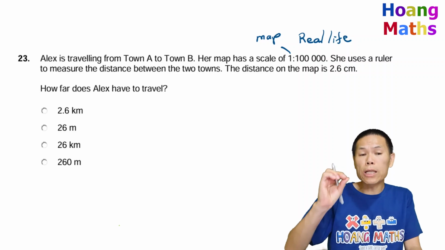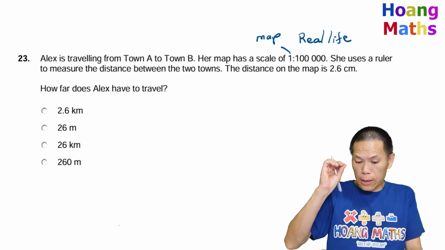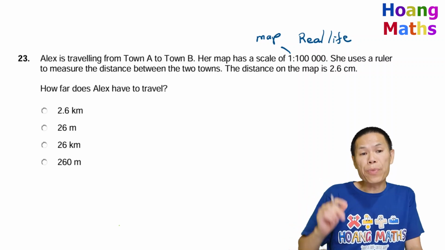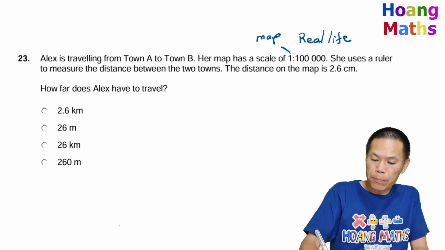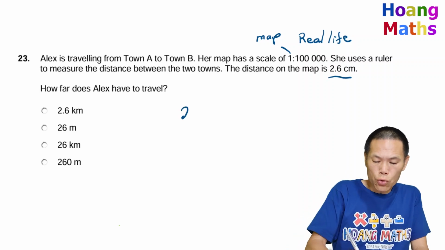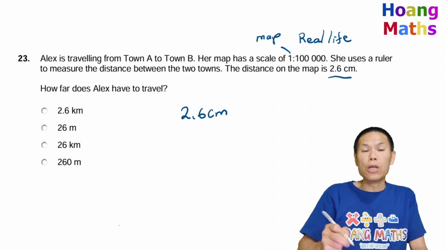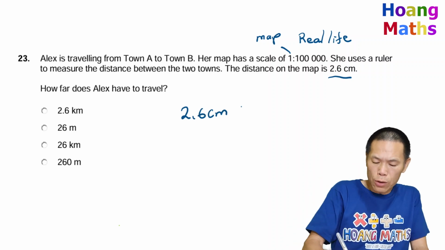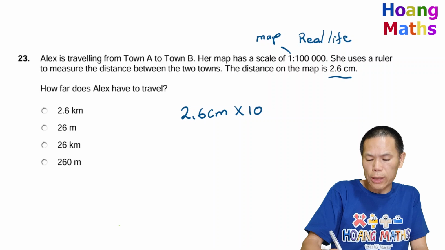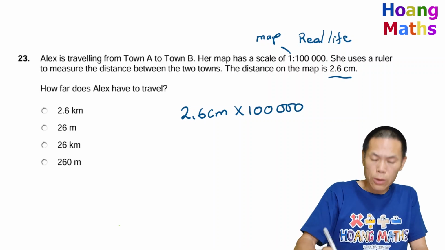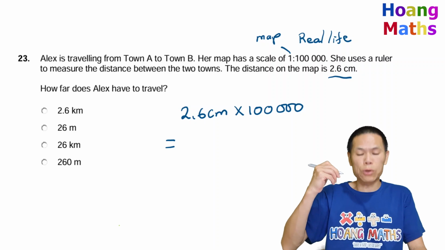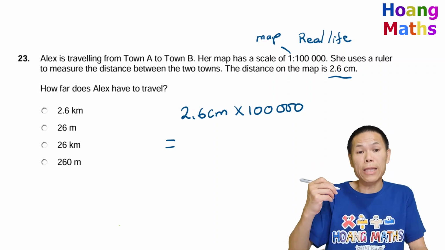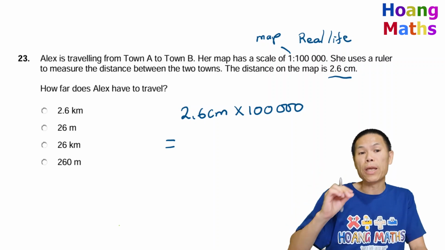So in other words, real life is 100,000 times larger than the scale on the map. So on the map it is 2.6 centimeters. Therefore in real life, we times by 100,000. So that is the actual distance. When we times 2.6 with 100,000, the number should be larger.